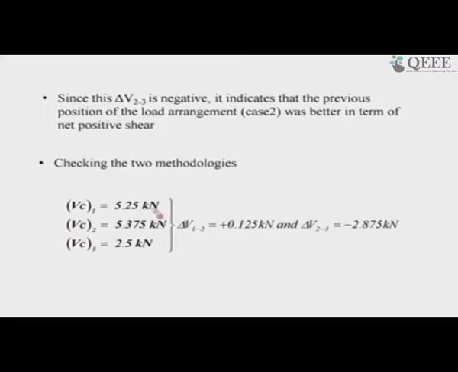So, there are two ways: either you evaluate the values of the function clearly there, and you have the increments of positive or negative. Once you have a negative increment from case 2 to 3, you understood that 2 was better in terms of the positive shear.